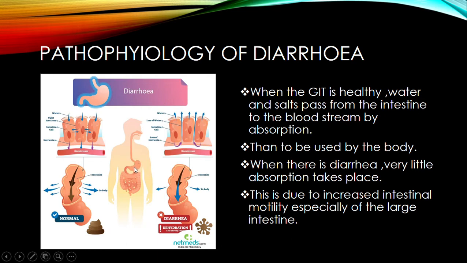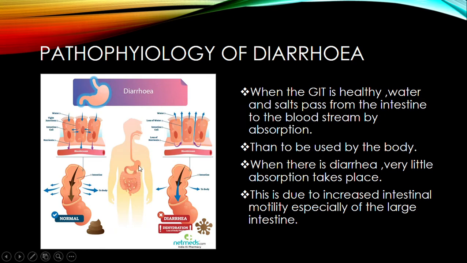The stomach is acidic, so most of the microorganisms may not survive in the stomach. Those microorganisms that survive the acidic conditions of the stomach will move on to the small intestines and large intestines.